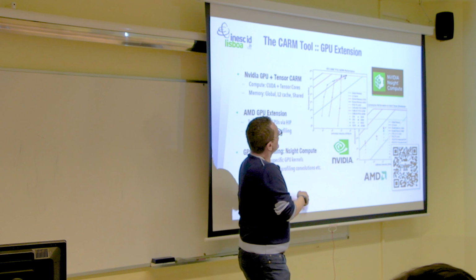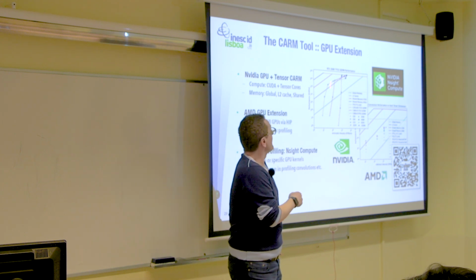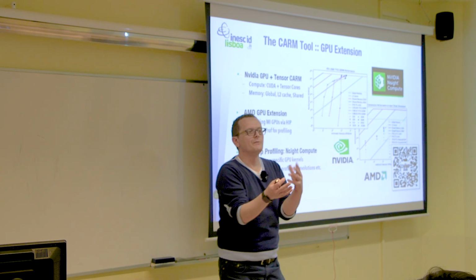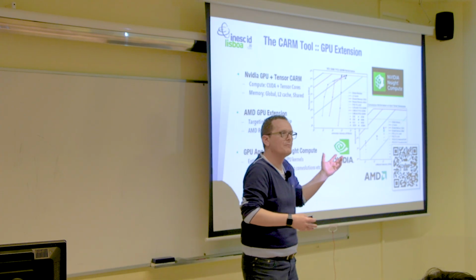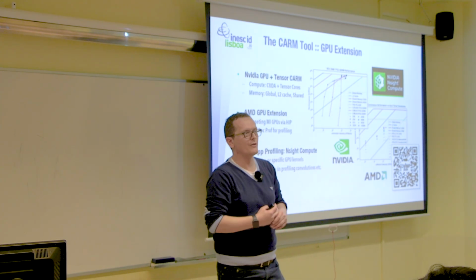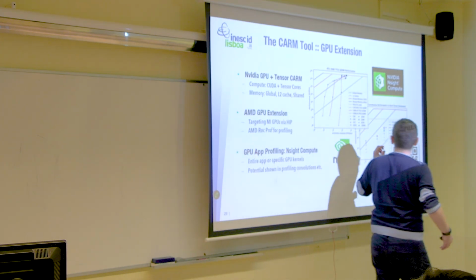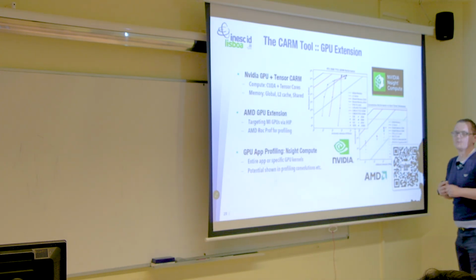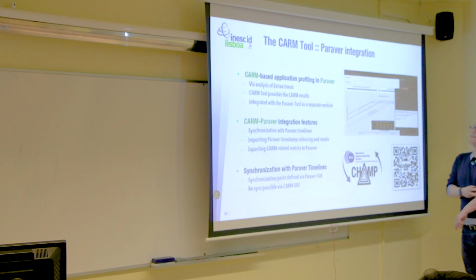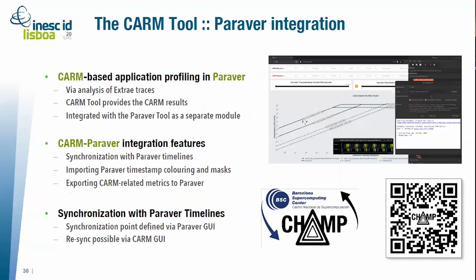And we are now trying to parameterize and test what size of matrices you should have in order to reach maximum performance, or what your filter size or number of channels for your convolutions should be in order to get the best performance on your GPUs. Then we also work with the BSC guys in order to integrate this CARM tool together with some other tools that you have.